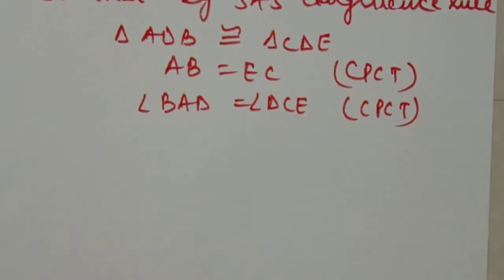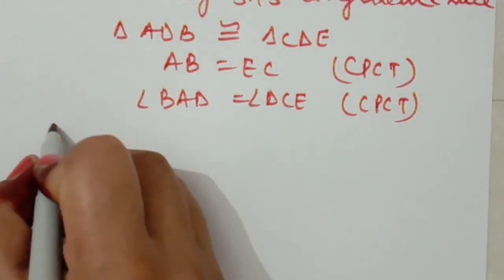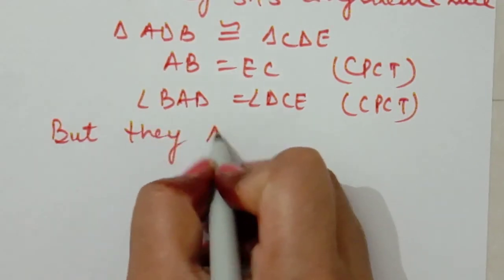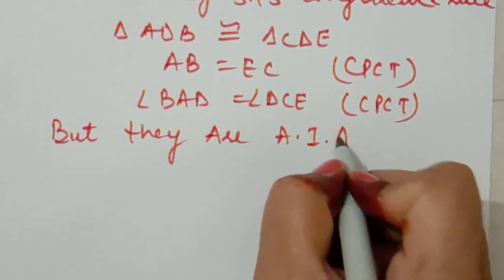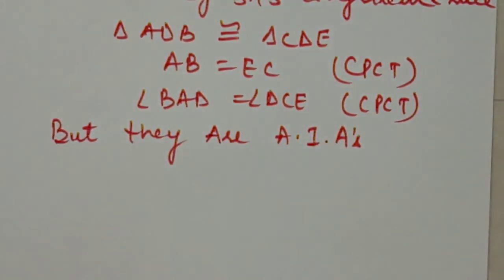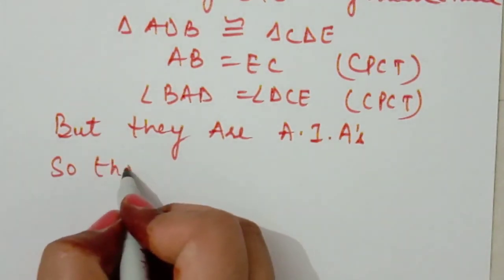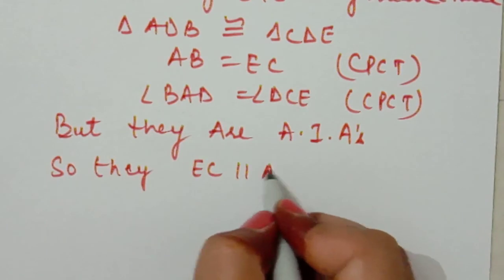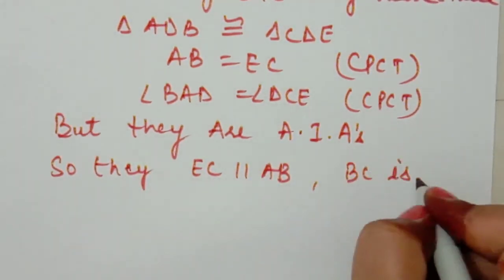So students, we have two elements as CPCT, but we know it very well that they are alternate interior angles to each other. They are alternate interior angles, so that they prove one thing, that EC is parallel to AB and BC is transversal.